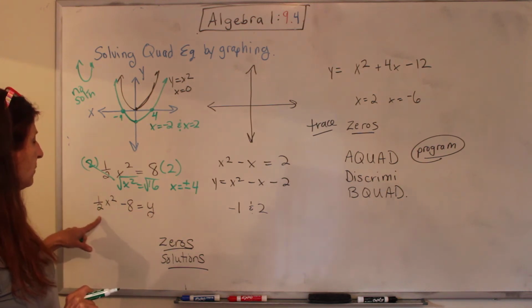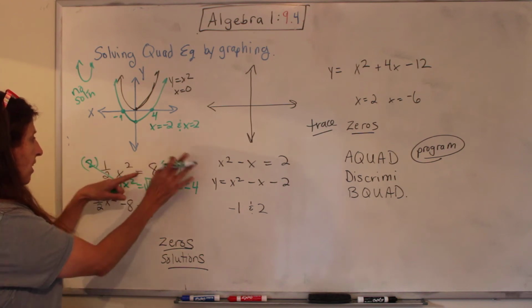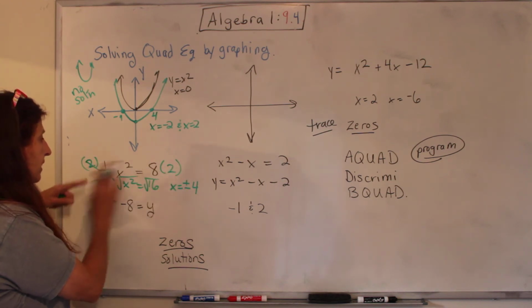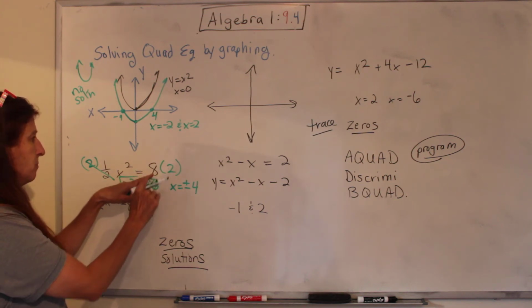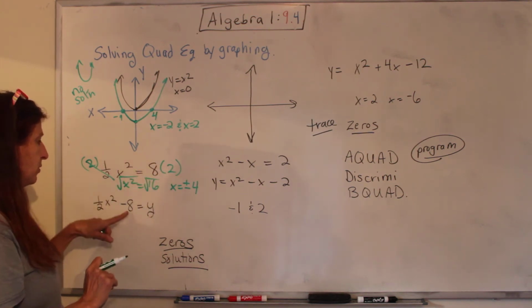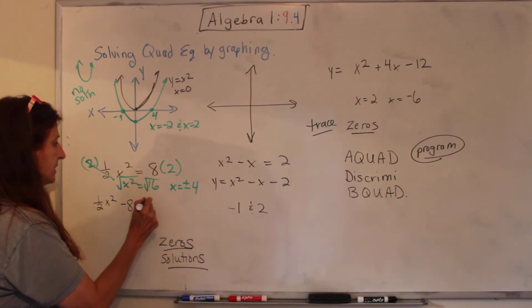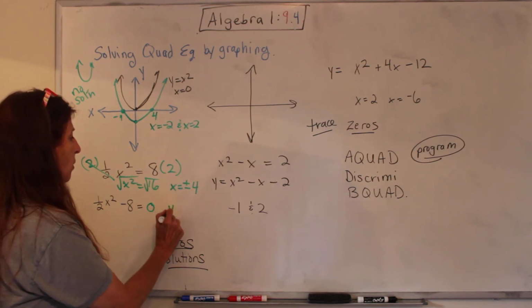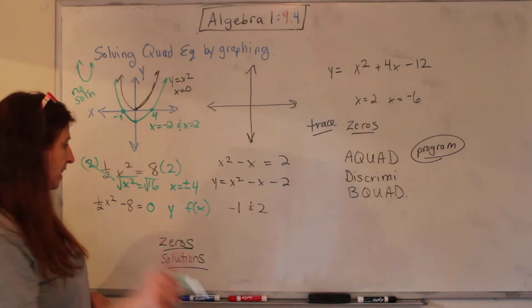We can check it with our calculator by getting all the numbers and letters and everything on one side. So I can move this 8 to the other side by doing -8, and that would then be equal to 0. And remember, 0, y, and f of x are all weirdly the same thing.